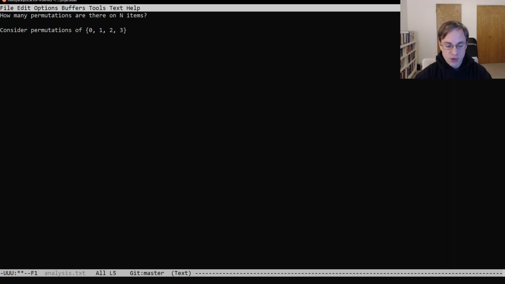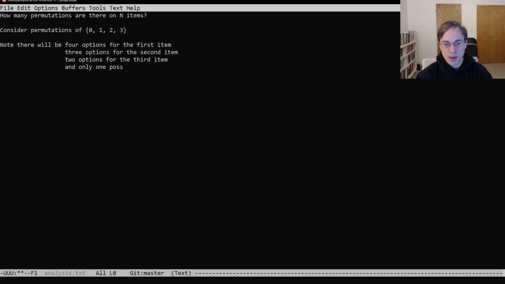In particular, note there will be 4 options for the first item, 3 options for the second item, 2 options for the third item, and only 1 possibility for the last item.